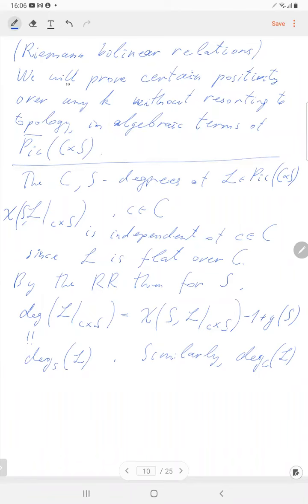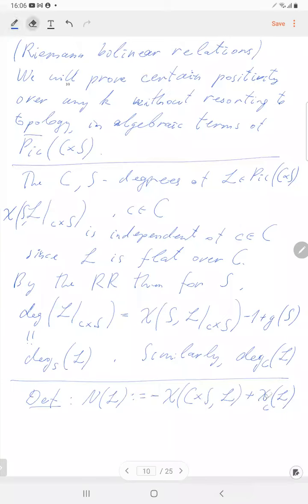Finally, we define the most important thing, n of L, as the negative Euler characteristic of our surface with coefficients in L plus the Euler characteristic along C of L times the Euler characteristic along S of L. And once again, the Euler characteristic along C of L is the degree along C of L minus g.